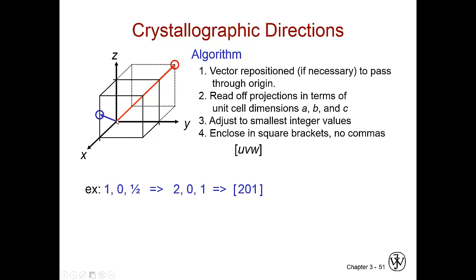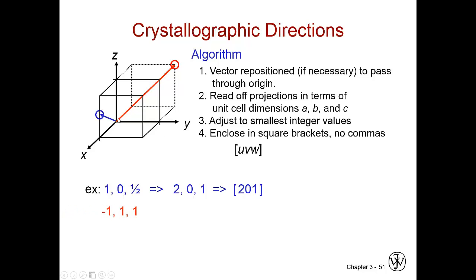Now we have a new one. This one's actually going back into a cell that is behind our first cell. So we're going from this origin over to here. Could I adjust the origin to this location? Yep, I could, but then this would have to be 0, 0, 0. So let's just stick with this being 0, 0, 0.